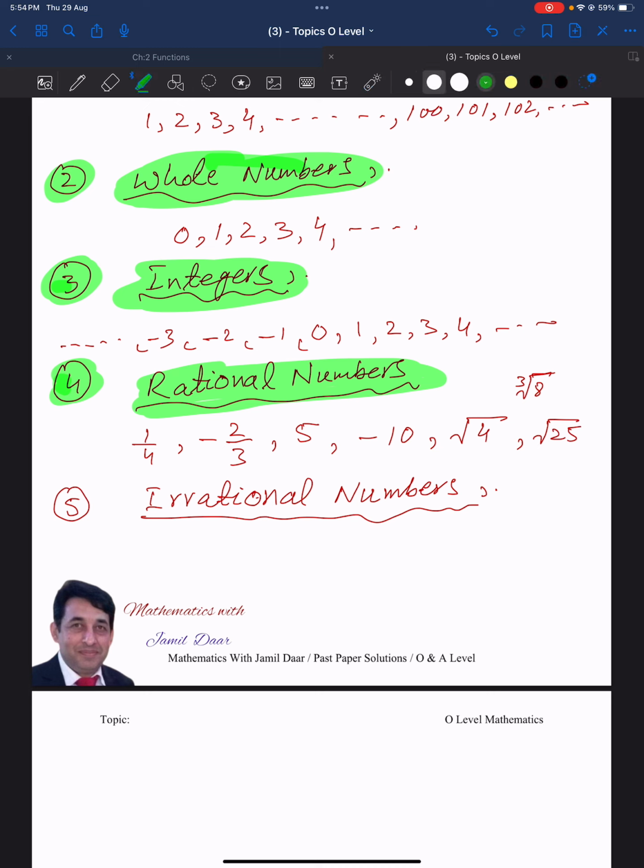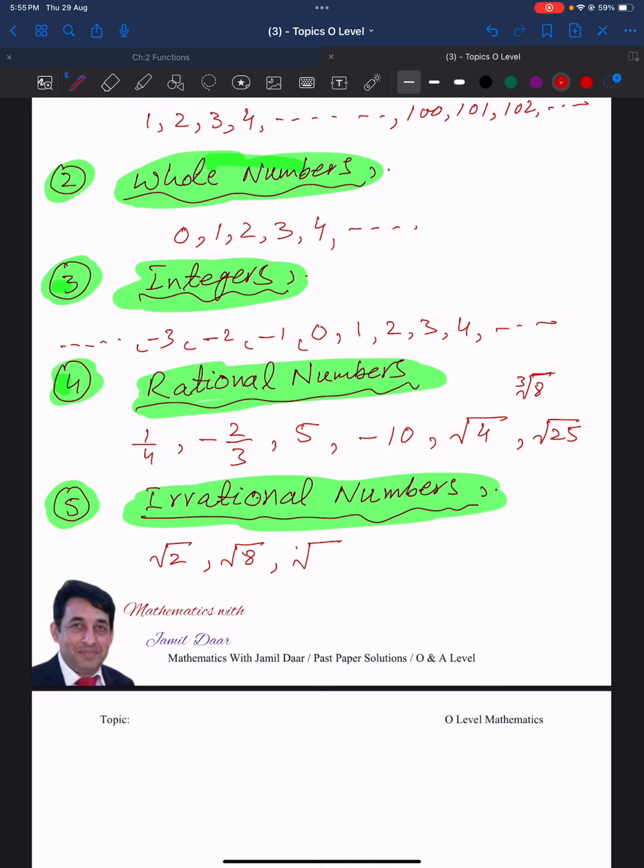And which ones will be irrational, whose roots are not whole numbers, like square root of 2, square root of 8, cube root of 4, cube root of 25, and square root of 17.